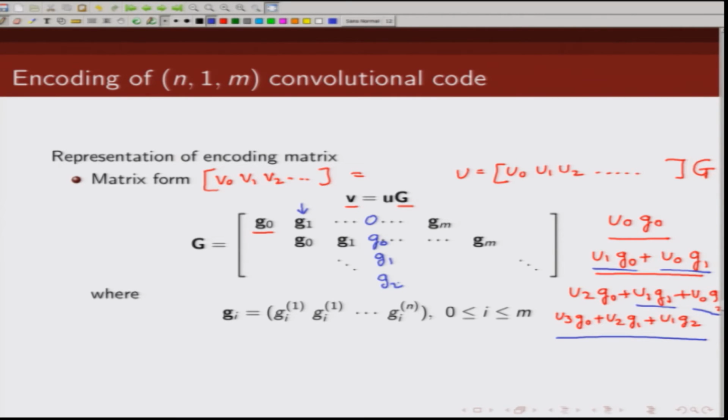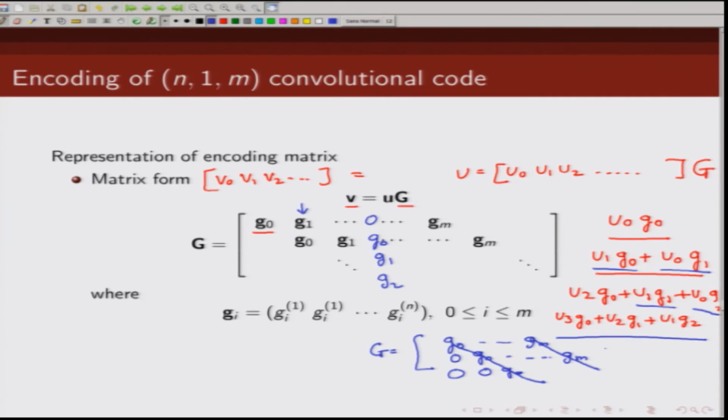So you can see here our generator matrix is of the form of semi-infinite form, where basically our G is something like this. So we have G0 to Gm, now this becomes 0, now this is new G0 and this is Gm, and then this is 0 0, this is G0. So it's like in this way diagonally my generator sequence is moving, and that is what I have written here.